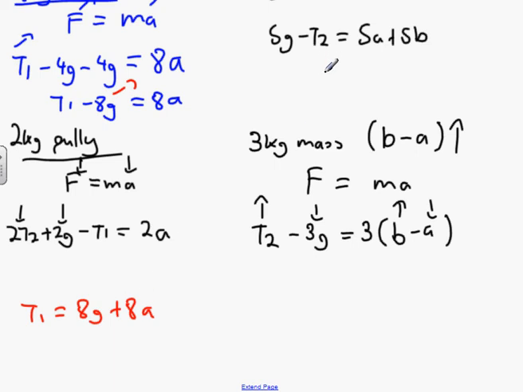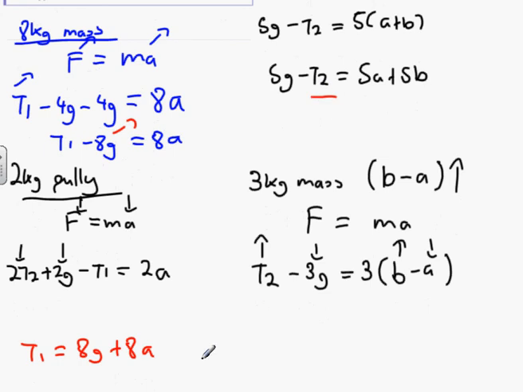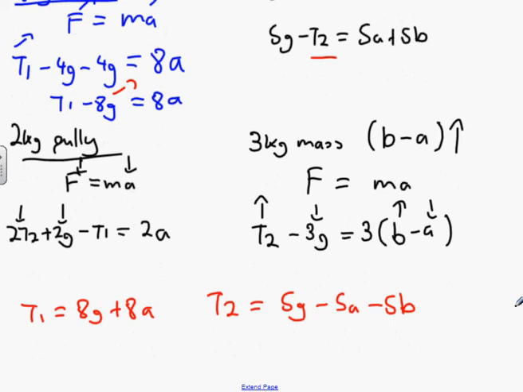And then the next one, which is this one here, T2 equals 5g minus 5a minus 5b. Okay, the one after that, this one here, that would be 3b minus 3a. Bring that over to the other side. Then we have another T2 equals 3b minus 3a plus 3g.